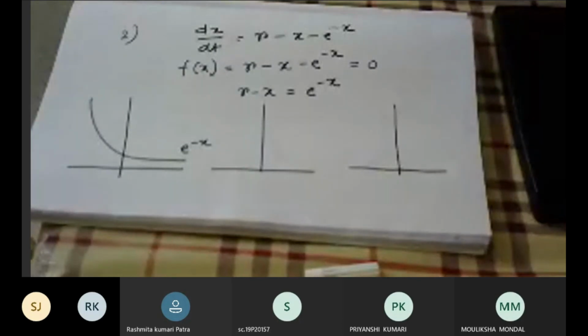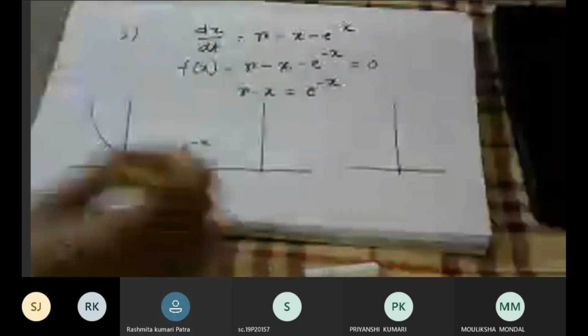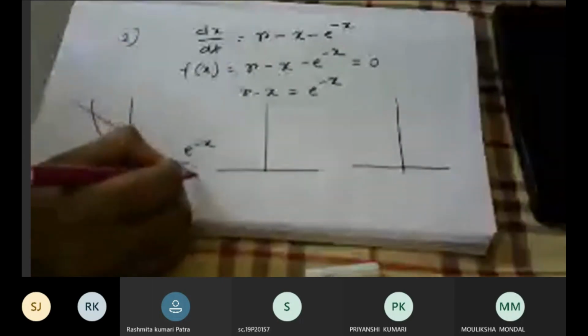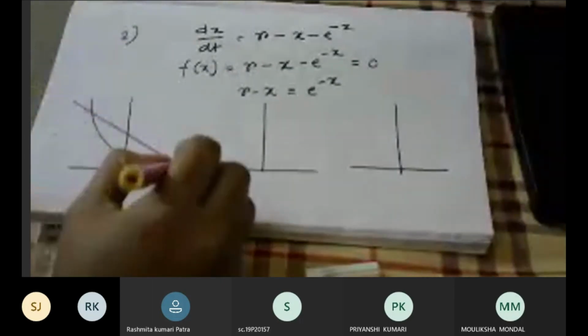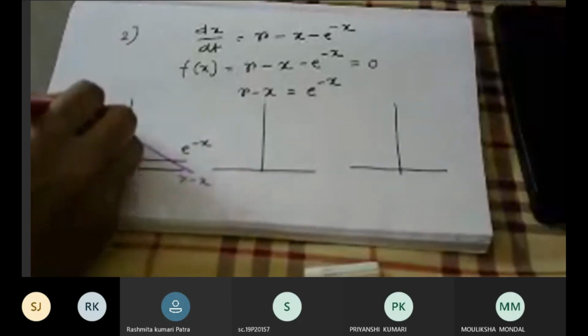Okay. And what kind of an equation will be r minus x? It's a straight line, right? It's a straight line that is falling, that has a negative slope. So the curve can be in 3 ways. One is like this, where both of them cut at 2 points.